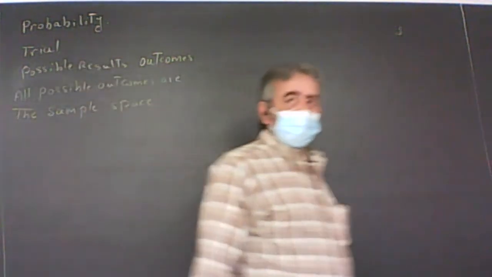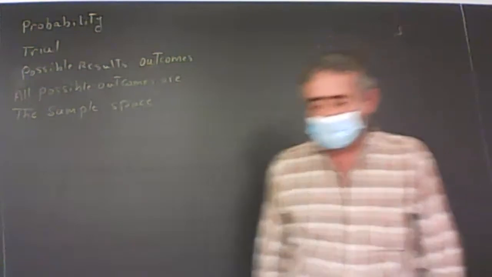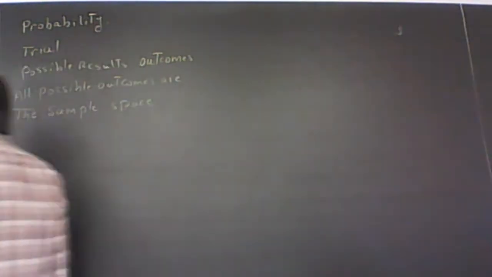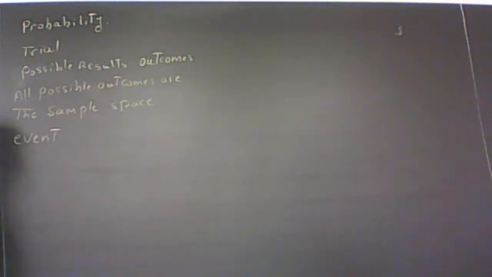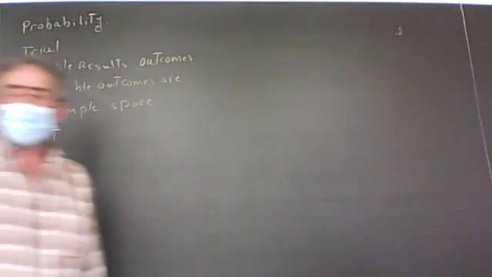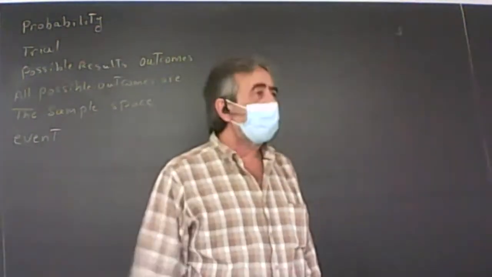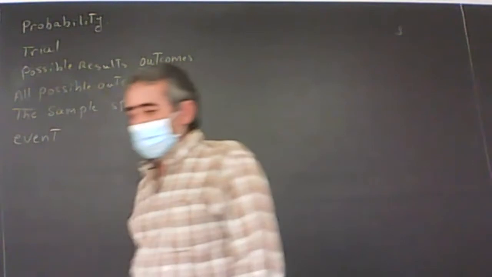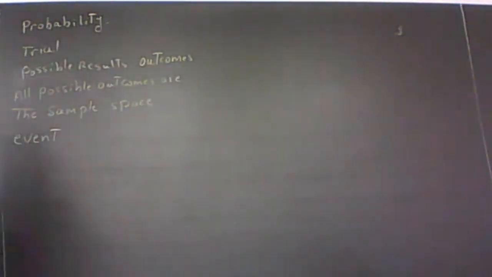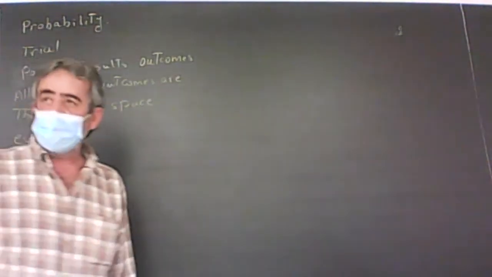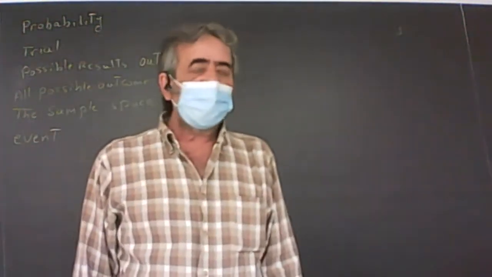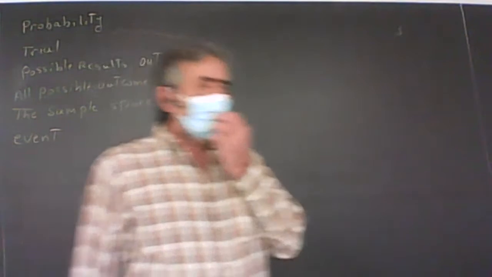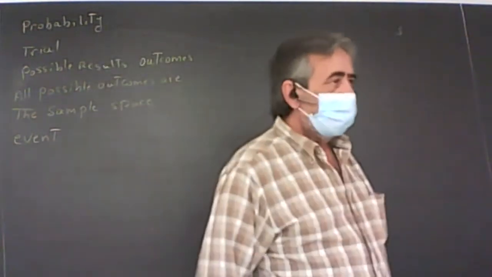All possible outcomes are the sample space. An event could either be a single outcome or it could be several outcomes. We can say an event with one outcome is a single outcome event. And an event that contains several outcomes, we call a multi-outcome event.